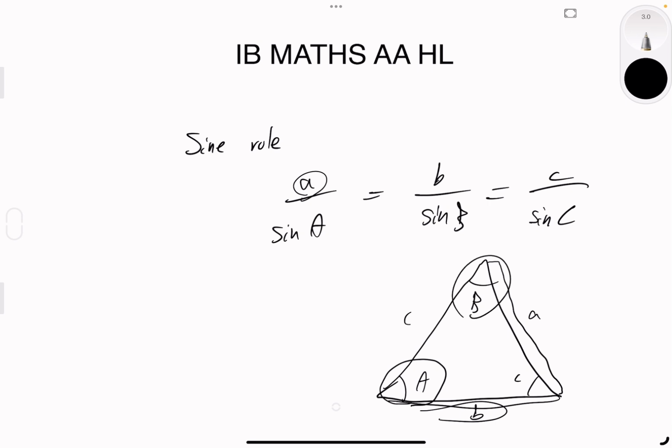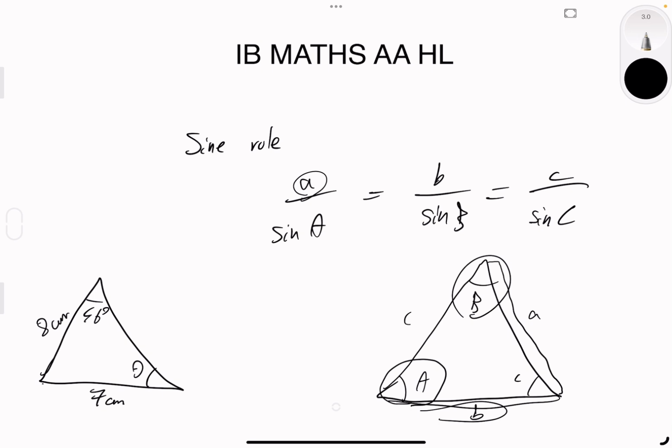So let's say we had here 46 degrees, and this side was 7 centimeters, and then we had this side 8 centimeters, but we did not have this angle, and this is the angle we want to find.